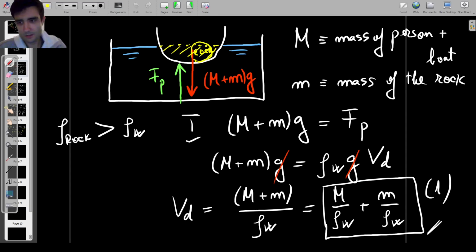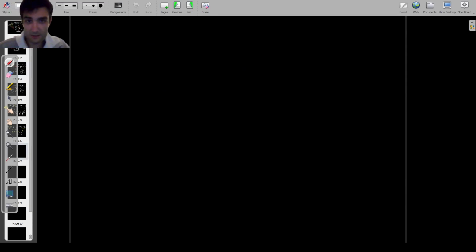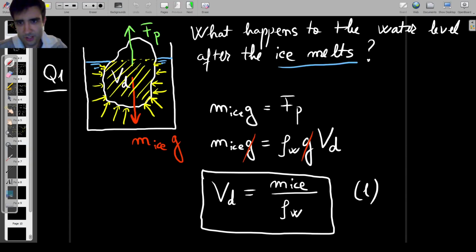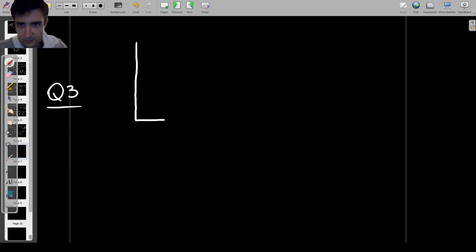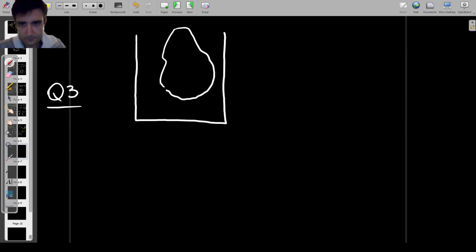Okay, right, now I want to do another variation of this problem, which is similar to the ice chunk in the glass. So I'll call this one question 3 now. So we've got something like that, and then we've got an ice chunk, and then this is our water level.